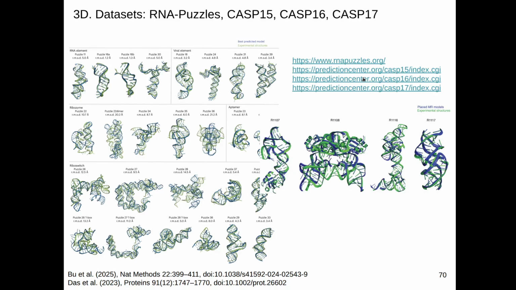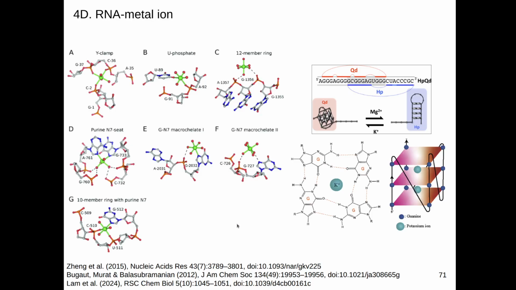CASP15 included 12 RNA targets, CASP16 included around 60 RNA targets, and CASP17 included more than 60, but many of those this year were just for the server prediction competition and not for human expert prediction, which is not that important from a dataset perspective.